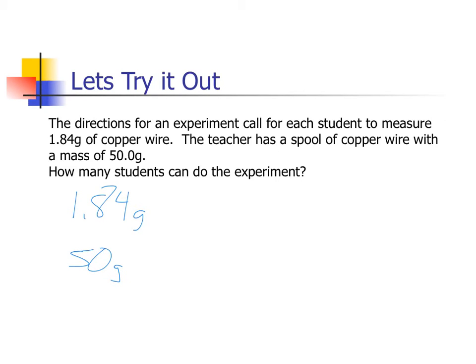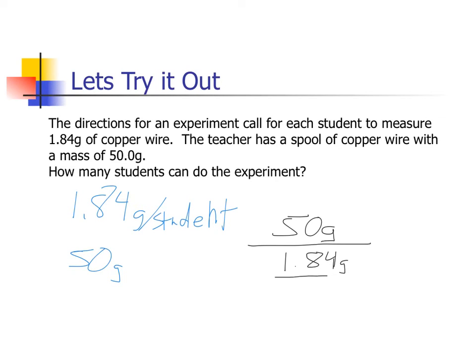And that's the thing, we go per student on that, and then we can go, oh, that's how I get that. Because if I put 50 grams on top and go, I have 1.84 grams, and also write this as a fraction, and that's where a lot of people aren't always the best at.